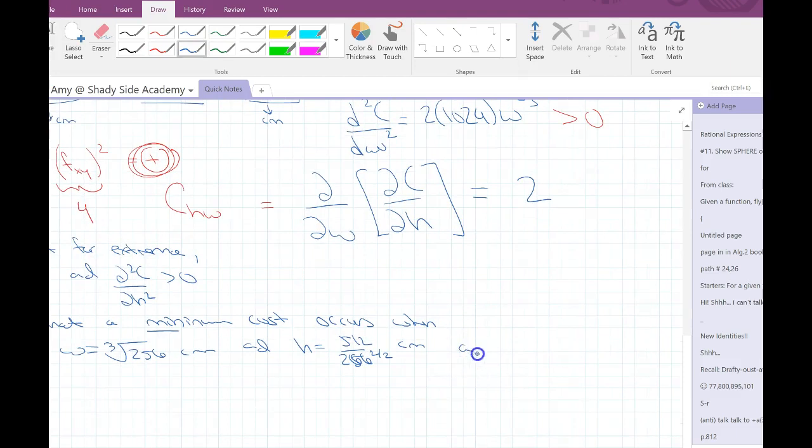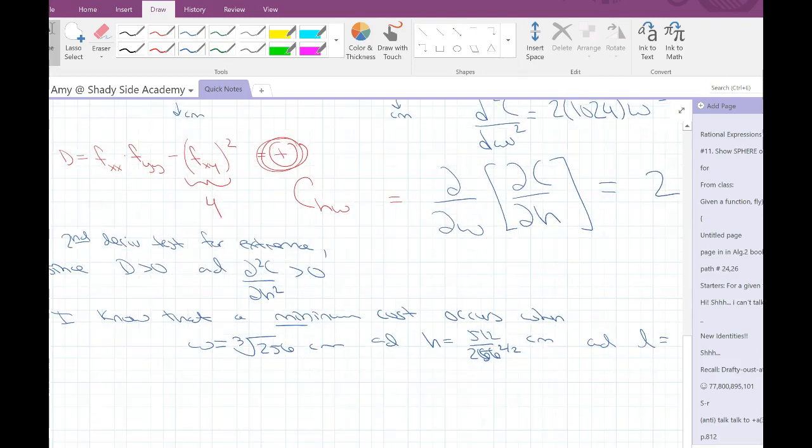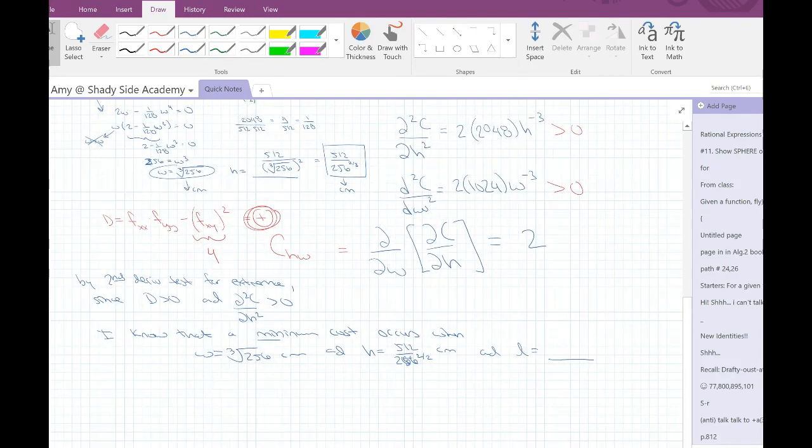And of course, if I know w and h, I can find the length, right? So that is number 18, which I promised I would do out.